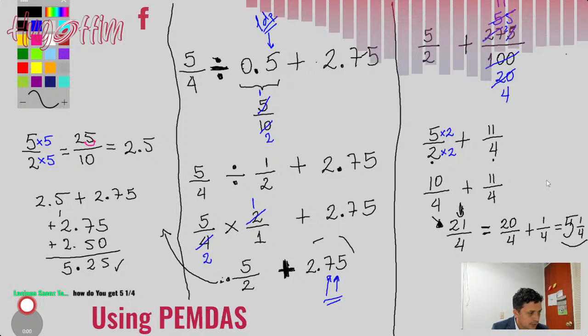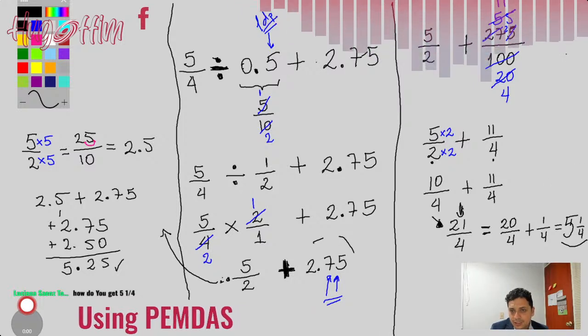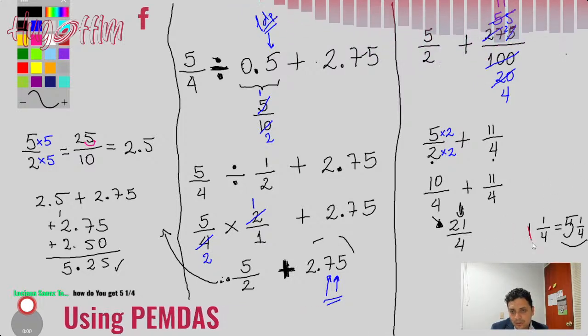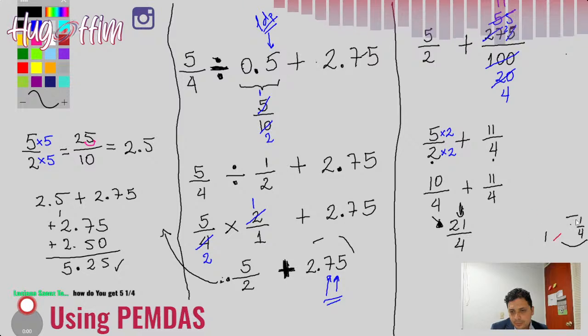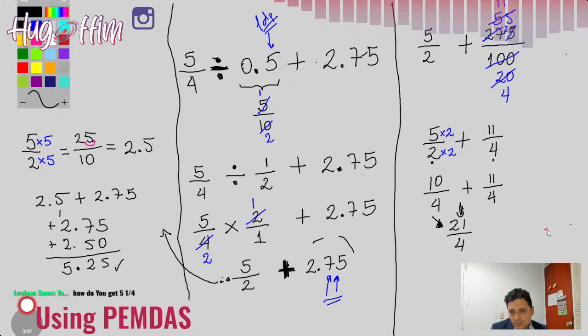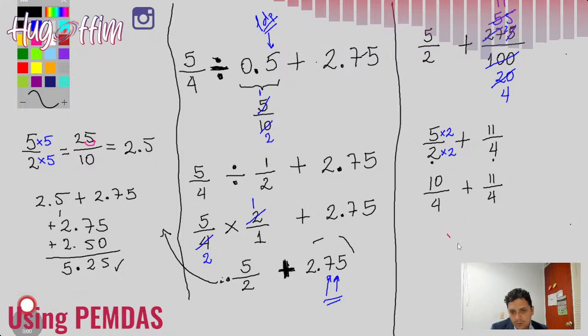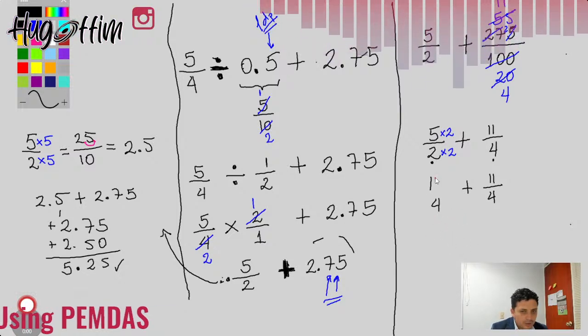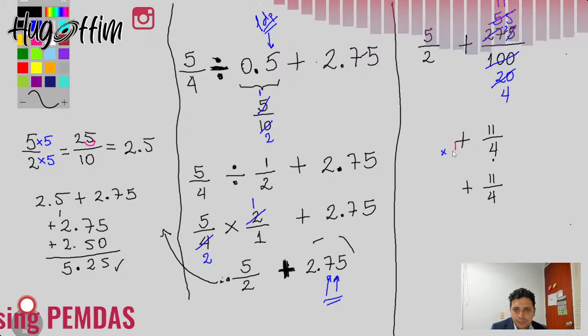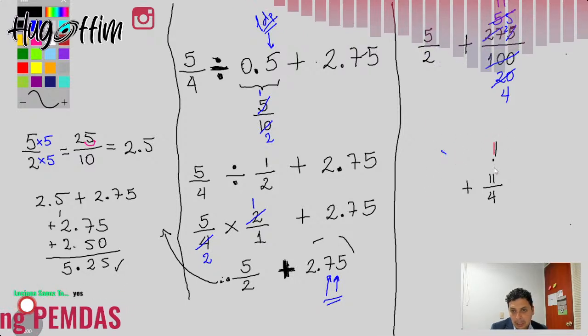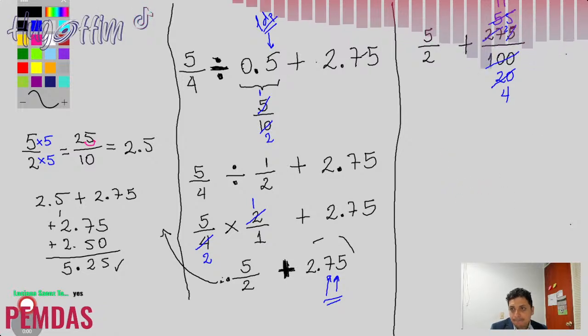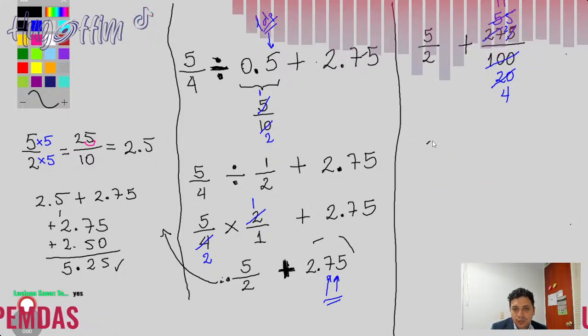I don't know where to write. I don't have more space. Need to erase it. Okay, I'm gonna do it here. Let's erase this. You get 21/4.